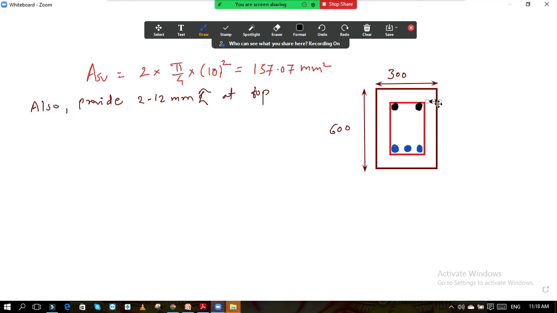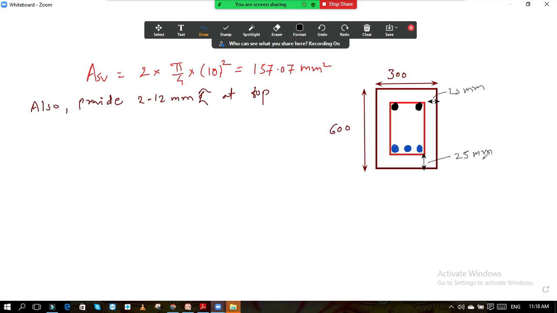This is the clear cover. This is also clear cover. Okay. So it is 25 mm. 25 mm. 25 mm.